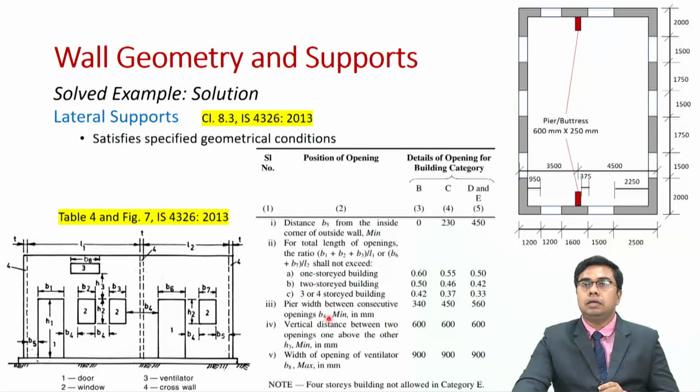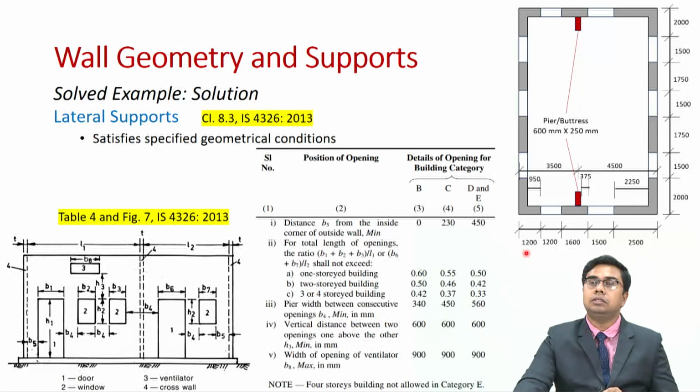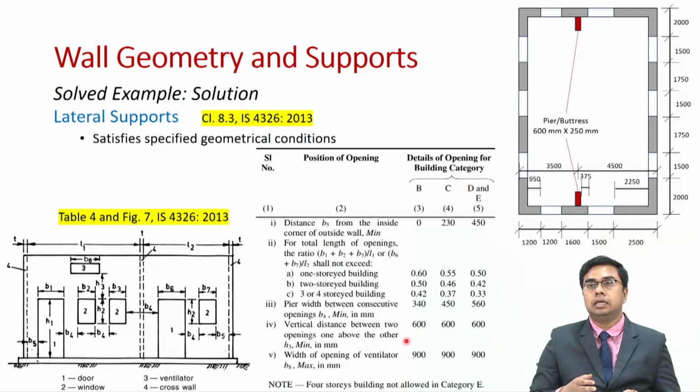Okay, the next thing which we need to check is the pier width between consecutive openings. So these two are our consecutive openings and the pier width shall be minimum of 560 millimeters. In this case it is 1.6 meters. So this is also completely fine. Then the vertical distance between two openings, one above the other. In our case we do not have such condition.